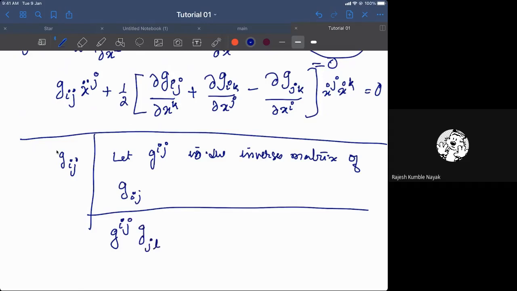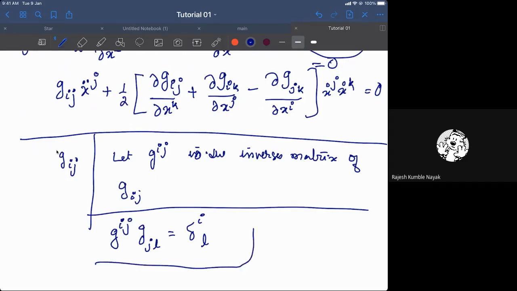Is it okay what I'm doing? It's a simple idea: we call the upper index G the inverse matrix of the lower index G, and the rule of the matrix product tells you that you get an identity matrix, delta.